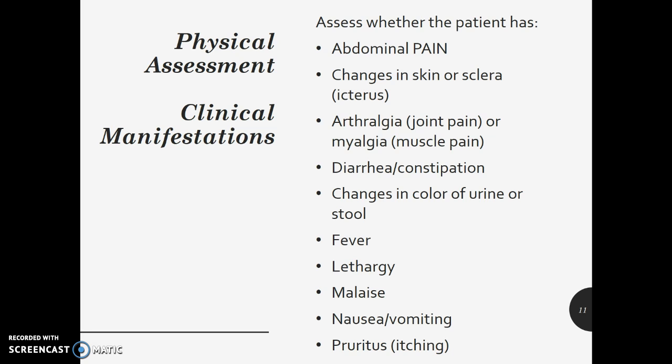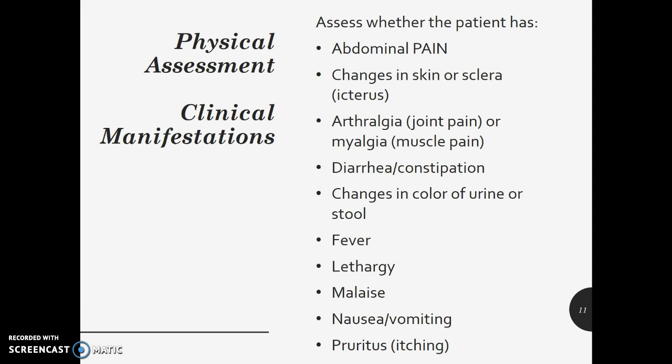In terms of physical assessment, you want to assess whether the patient has abdominal pain. If you're seeing changes in skin or sclera, which we call icterus, with the jaundice in the color to the sclera. Other clinical manifestations that you may see are arthralgia, joint pain, or muscle pain, myalgia. These patients may experience diarrhea or constipation.